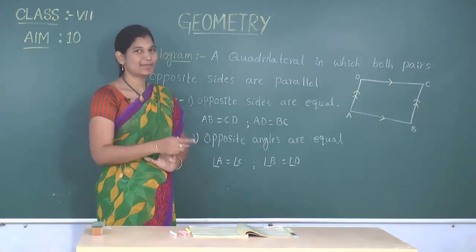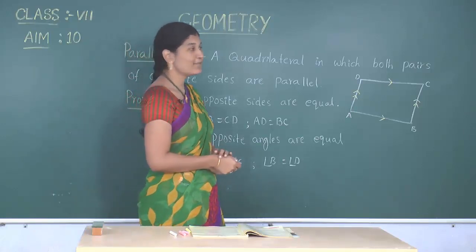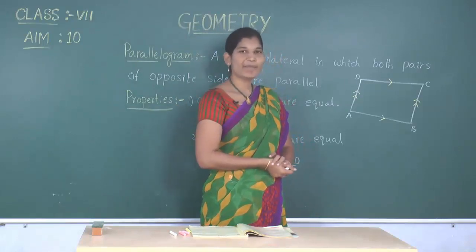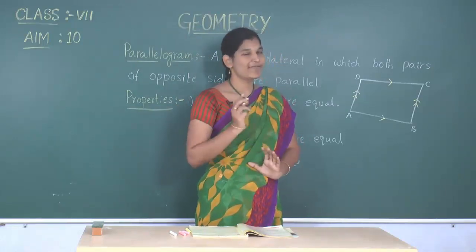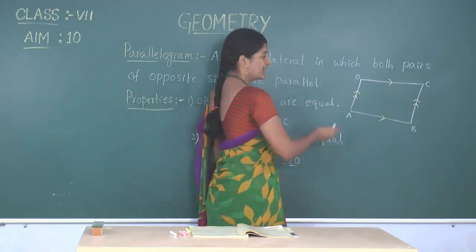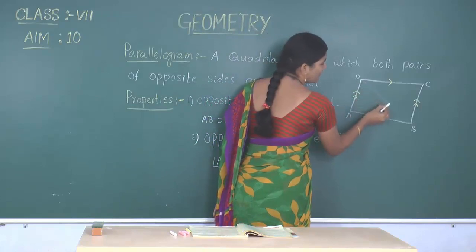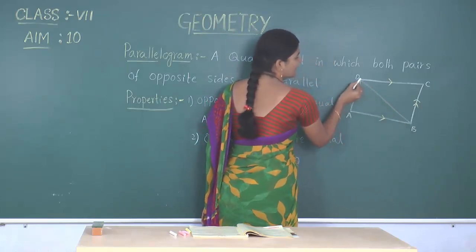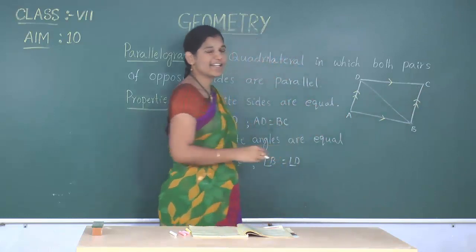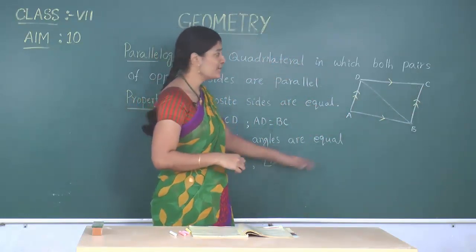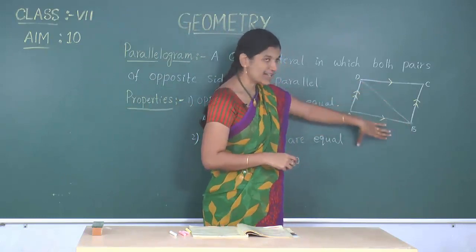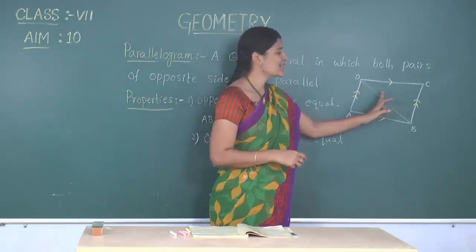Now let me explain the third property. How many diagonals can we draw in a parallelogram? Yes, we can draw two diagonals in a parallelogram. See, this is one diagonal, BD, and if you join AC, that is the second diagonal. Observe here, I have drawn one diagonal. This diagonal divides the parallelogram into two triangles.